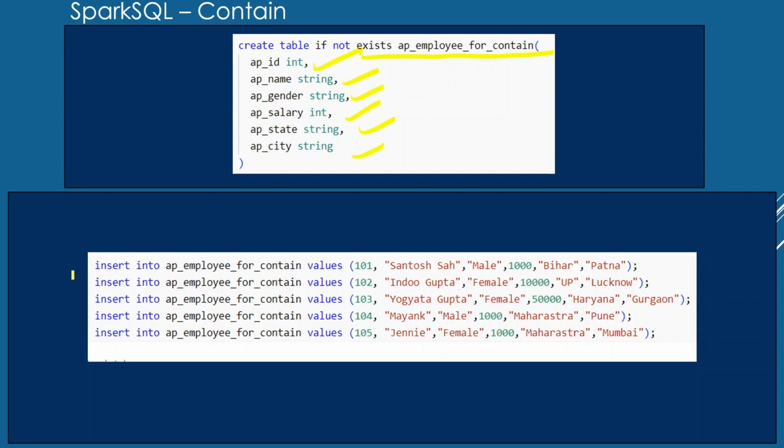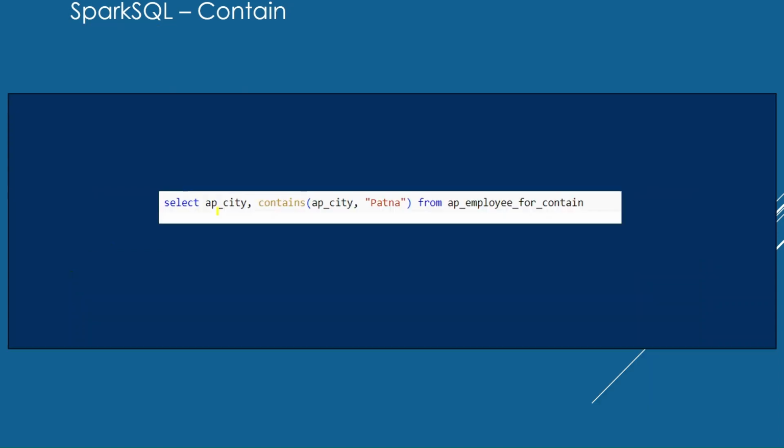So with the help of this insert statement, I will insert some data into it. When this table gets created, data will be inserted into this table. Then we will use this contains function.